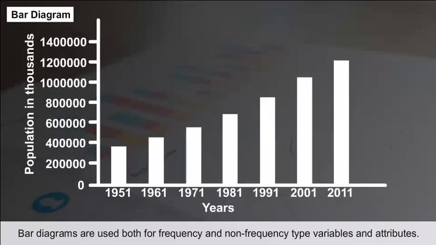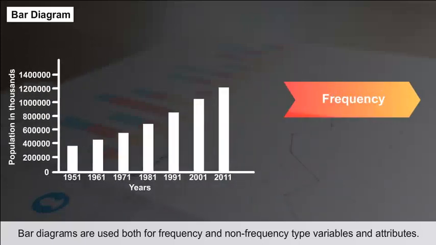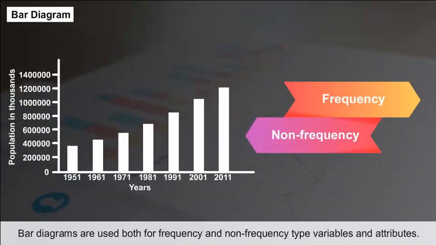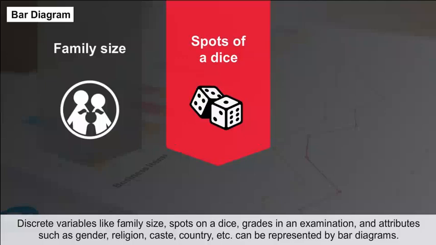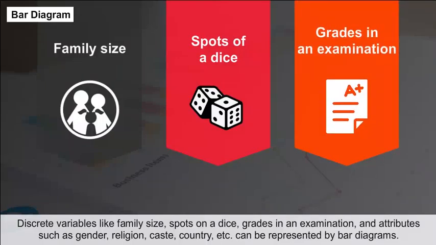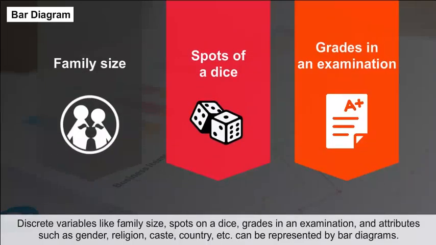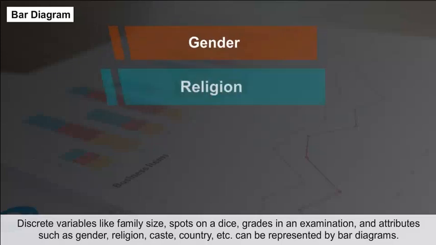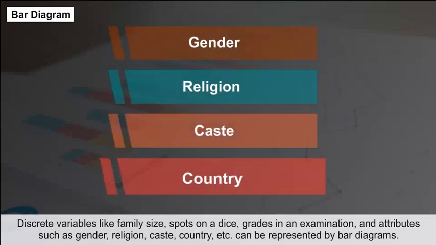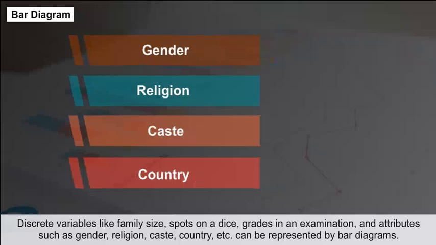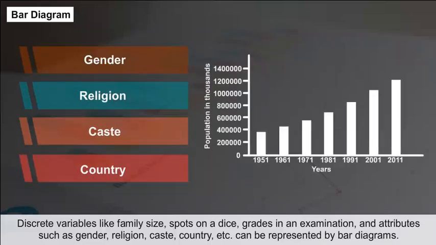Bar diagrams are used both for frequency and non-frequency type variables and attributes. Discrete variables like family size, spots of a dais, grades in an examination, and attributes such as gender, religion, caste, country, etc. can be represented by bar diagrams.